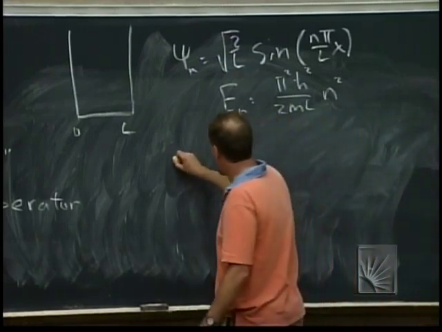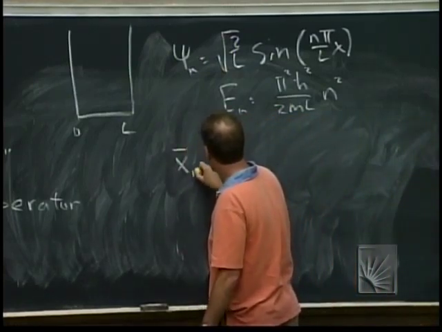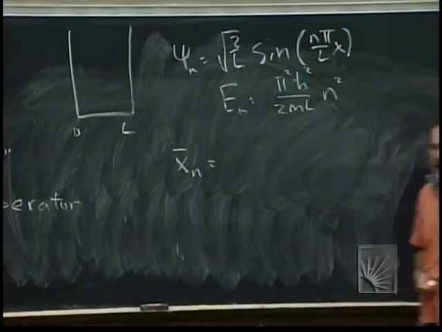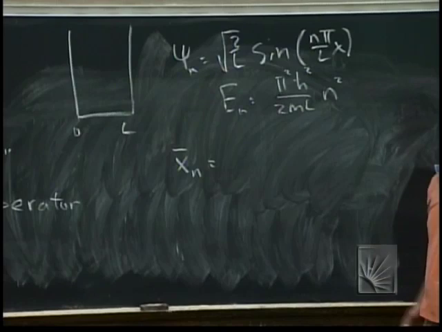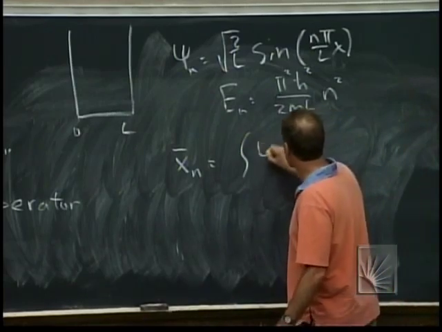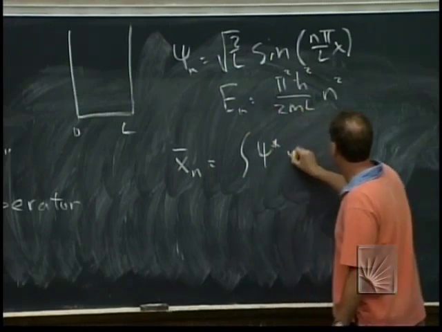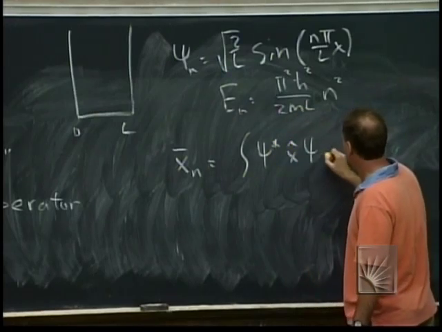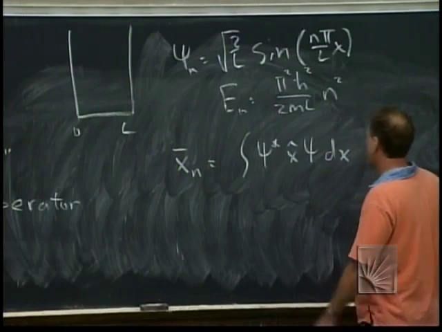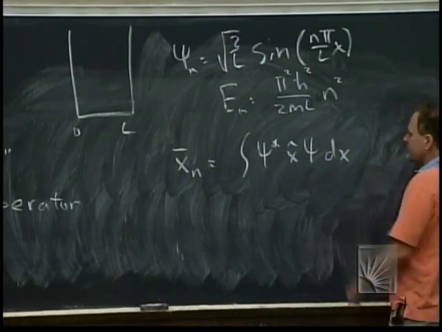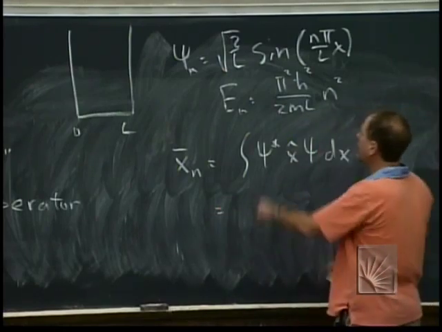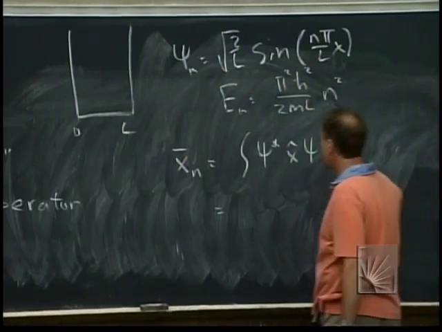So what's the expectation value of x? And I'll write a sub n because the answers I'm going to get are going to depend on the n of the state. So again, just write down psi star, x hat, psi. But x hat is just x, and psi is this.